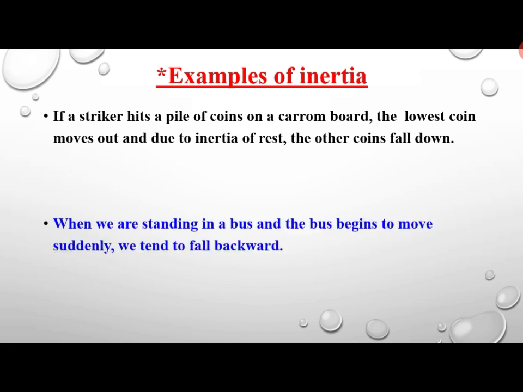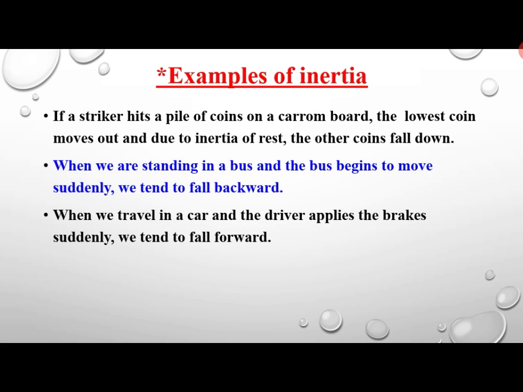Again, let us consider an example when we are traveling in a car and the driver suddenly applies the brake. In that case we feel we are moving forward. Why is it so? This is because the car is in motion, and we are sitting in that car, so we are in motion.